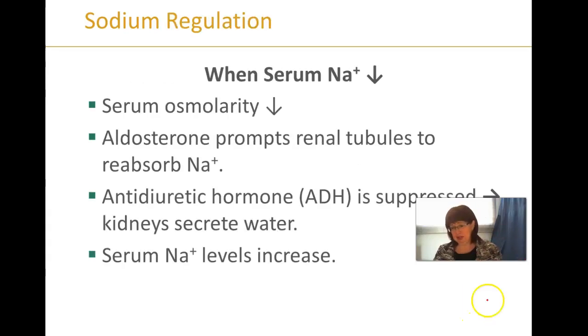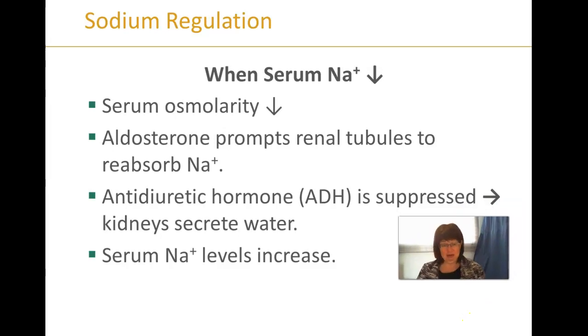When we talk about sodium regulation, we talked about sodium and aldosterone. If the sodium level is low, it will affect blood pressure, the juxtaglomerular apparatus, renin, angiotensinogen, and aldosterone.